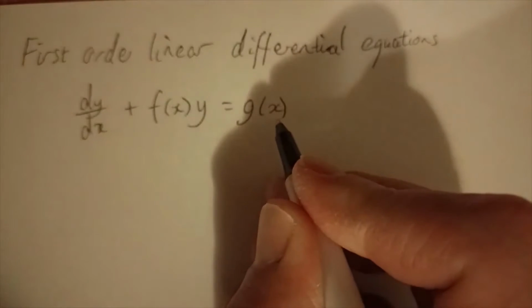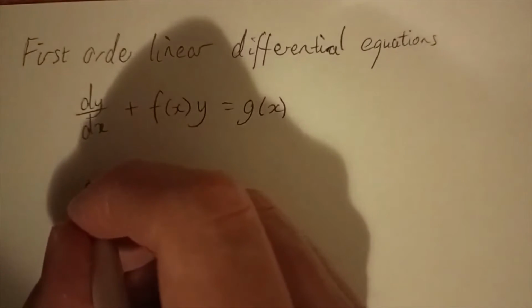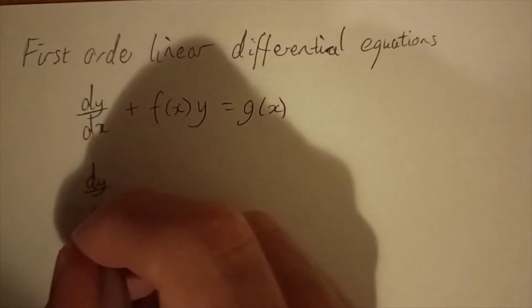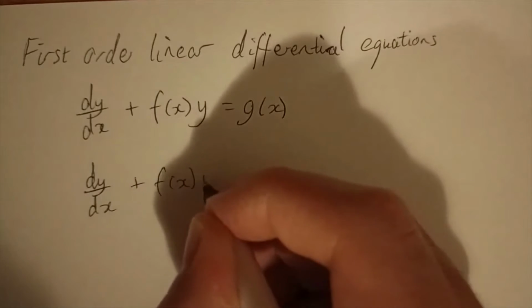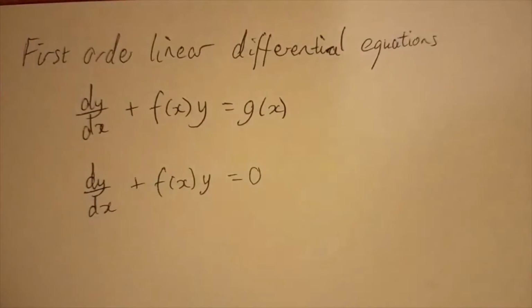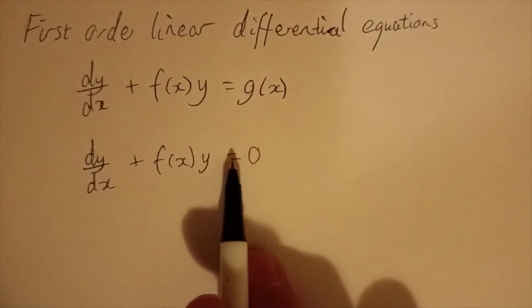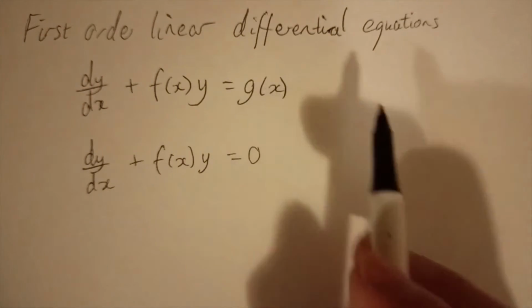If g of x is 0, then we have the equation dy/dx plus f of x times y equals 0, which is the associated homogeneous equation of this equation here.